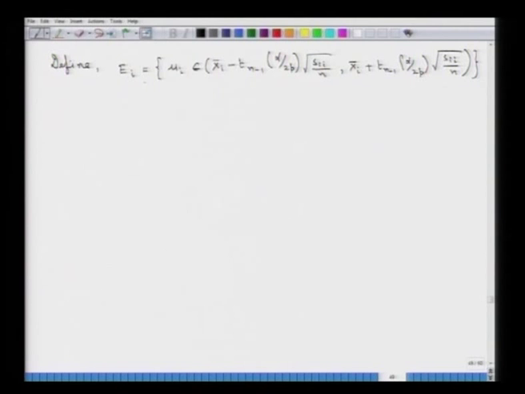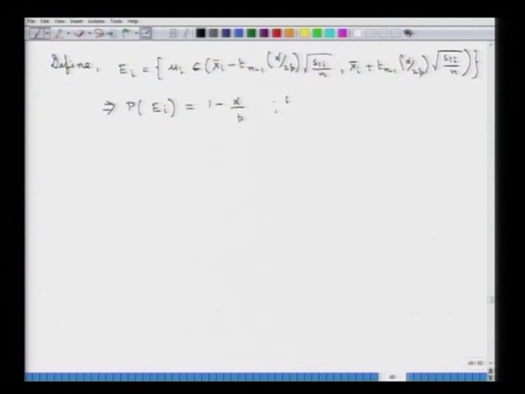So, this is an event that mu i belongs to this random interval. This would imply that the probability of this E i, that mu i belongs to this particular interval, in terms of the t distribution, is going to lead us to 1 minus alpha by p.